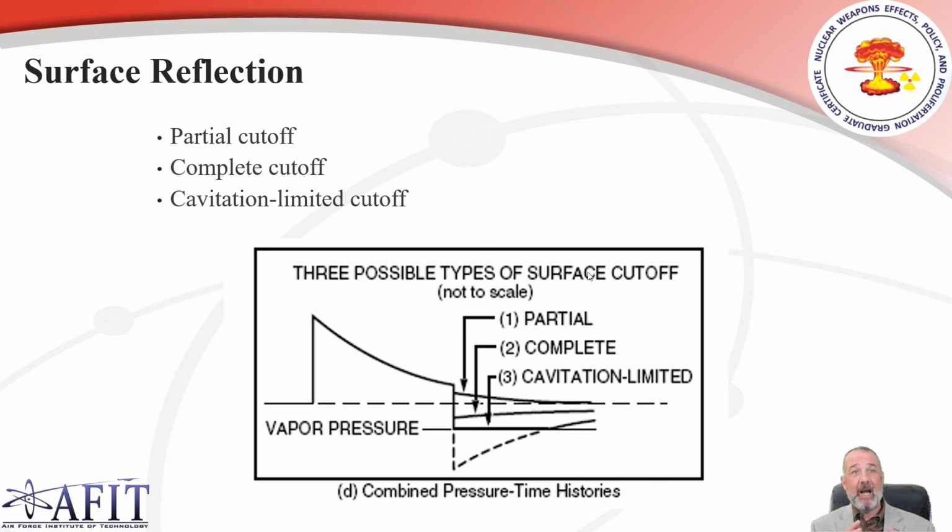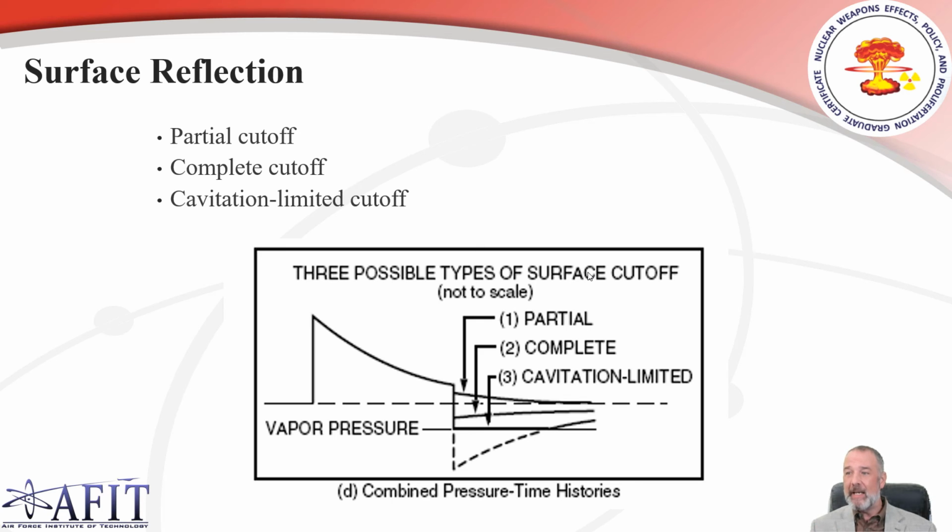Now, looking in time at the underwater pressure wave as it expands outward, you'll see that it starts at a very high pressure and gradually, as it expands, it loses pressure. Now, here comes the interesting part. When the pressure wave interacts with that reflected tension wave, you can think of the pressure wave as being positive and the tension wave as being negative. So we can get different cutoffs for that pressure wave as a function of time and also of distance.